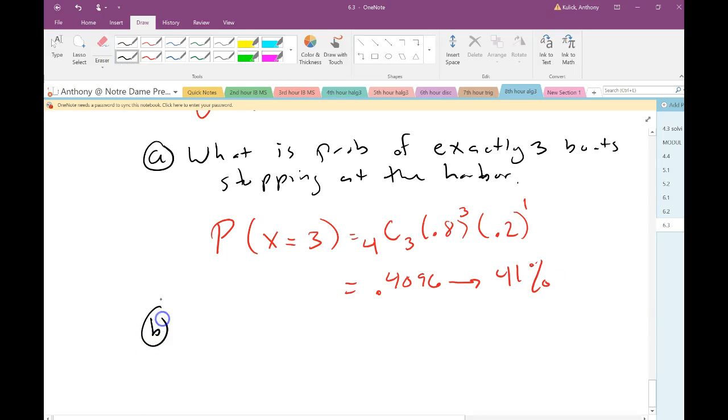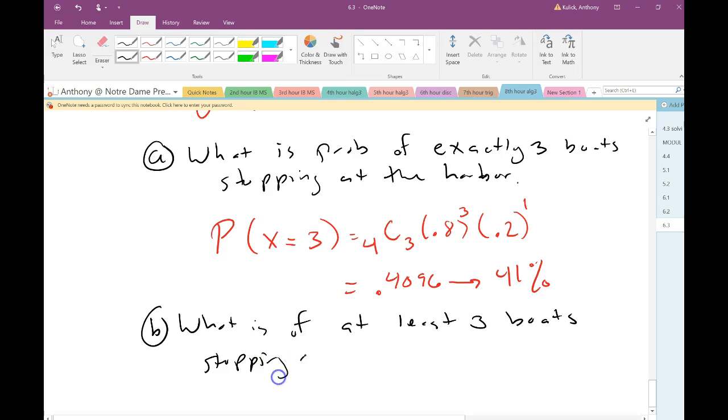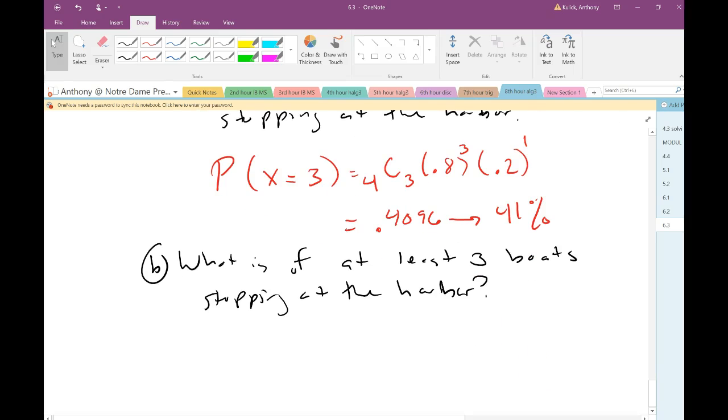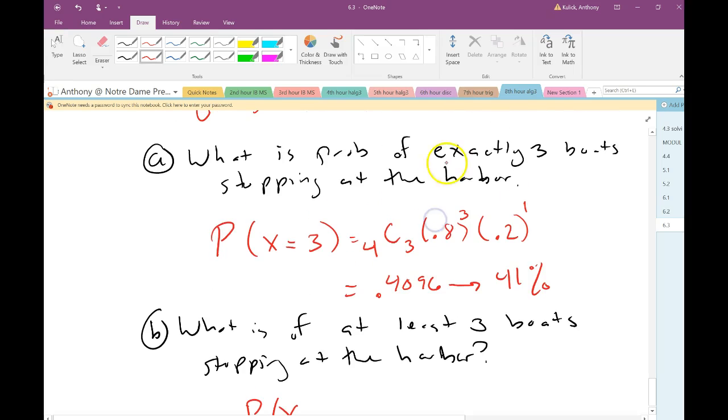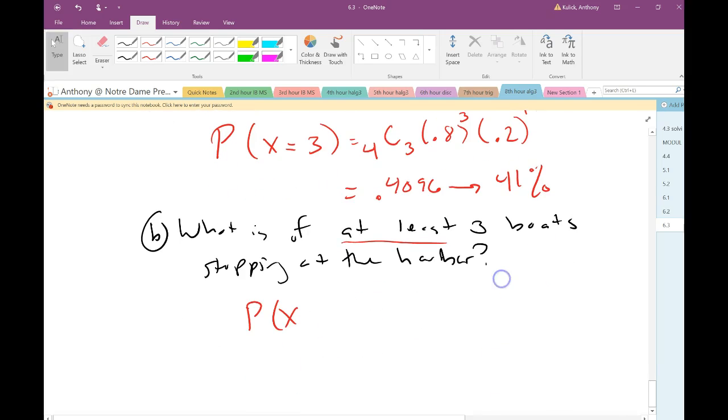What if we change this to say, what is the probability of at least 3 boats stopping at the harbor? Well, instead of P of x equals 3, because it says exactly 3, here it says at least 3.